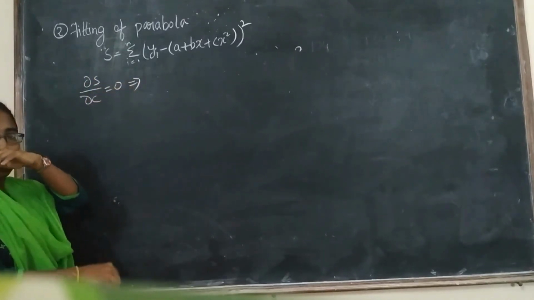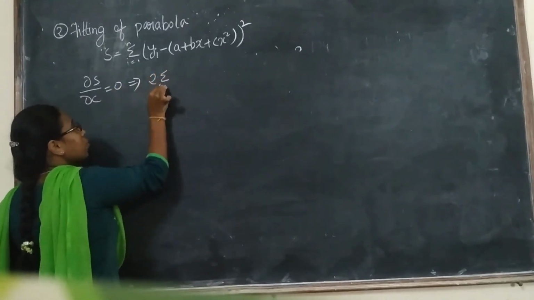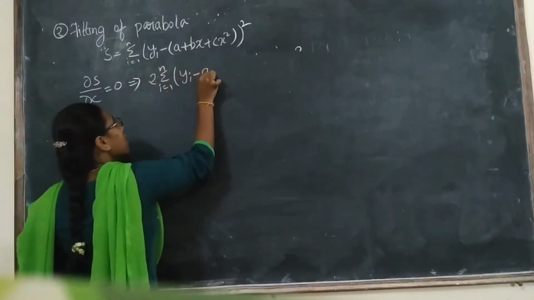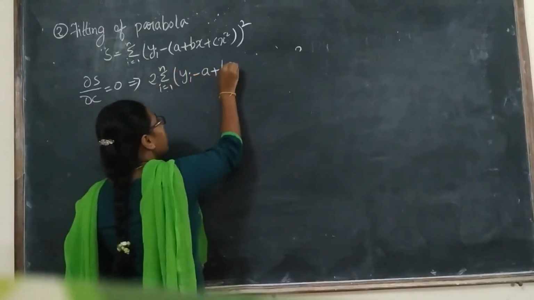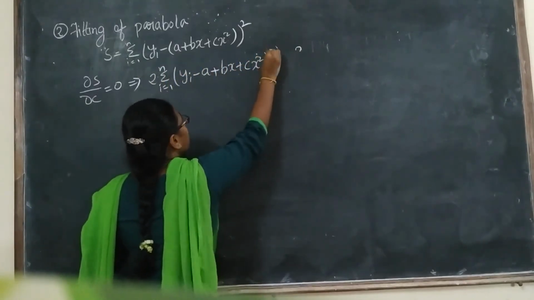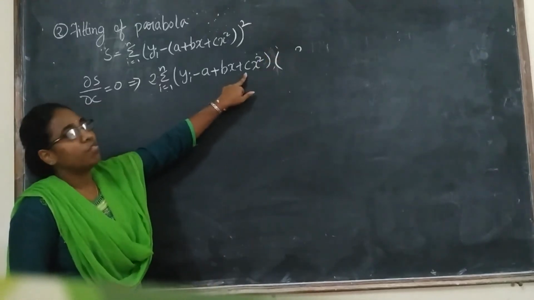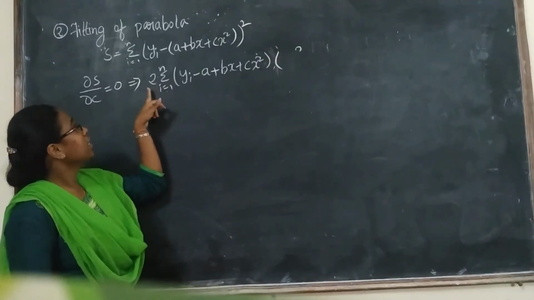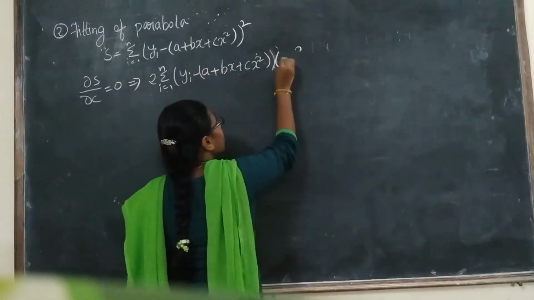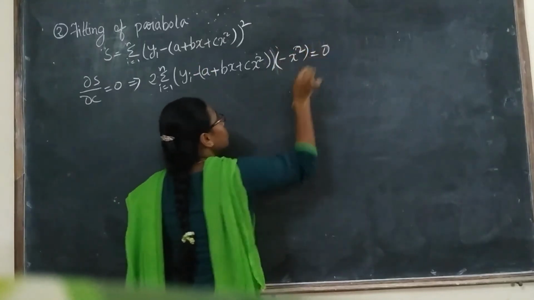Same procedure, differentiation of x square, that is 2 into summation i equals 1 to n, yi minus (a plus bx plus cx square), into the inner differentiation. Here what is the coefficient of x, c? It is minus x square. So you will get minus x square equals to 0.